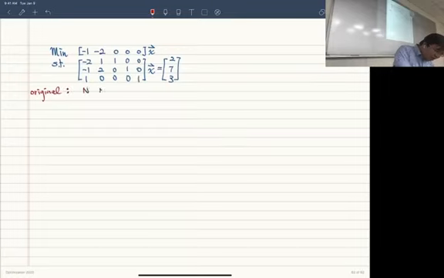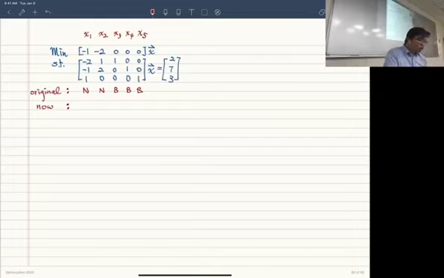So these are representing x1, x2, x3, x4, and x5. We change the role. x2 and x3 swap their places. So now we have non-basic, basic, non-basic, basic, basic. So these are the new categorization. And so we repeat the process again and see what happened.